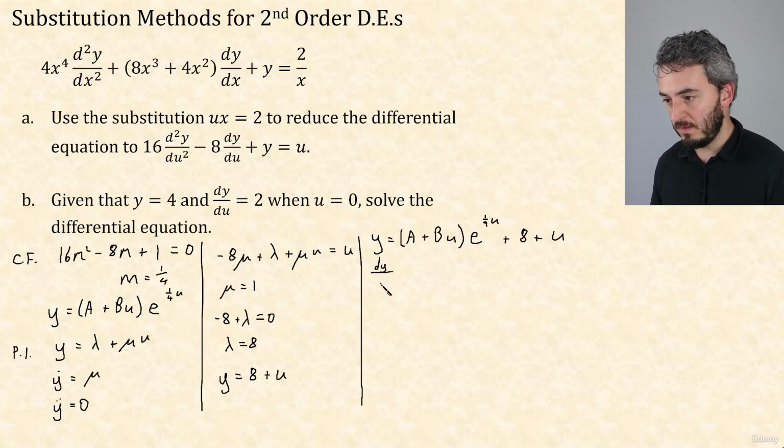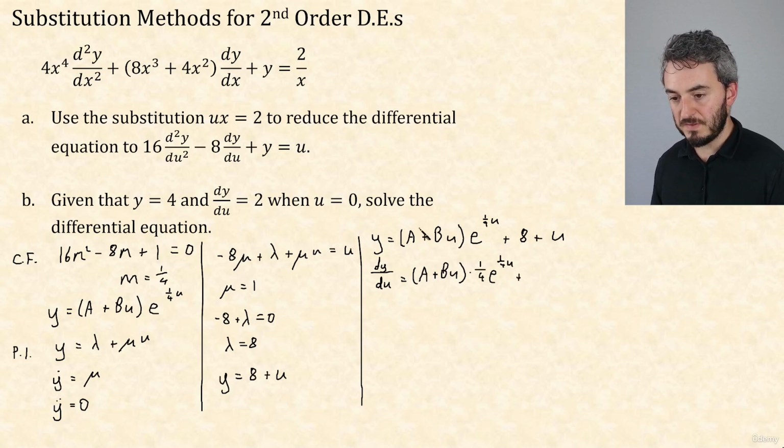So dy by du is, okay, product rule here. So u times v dash, quarter e to the quarter u, plus u dash v, which is just b times e to the 1/4 u, and differentiate this and we just get 1.